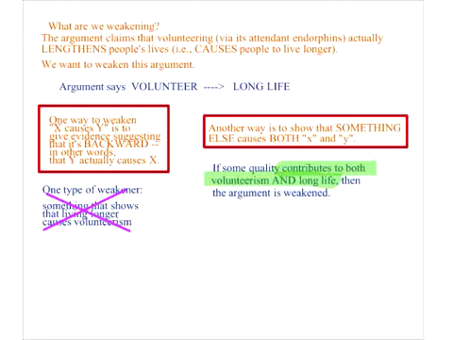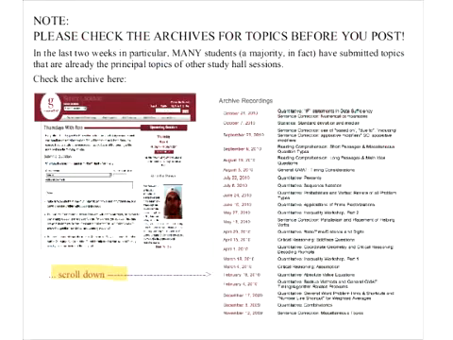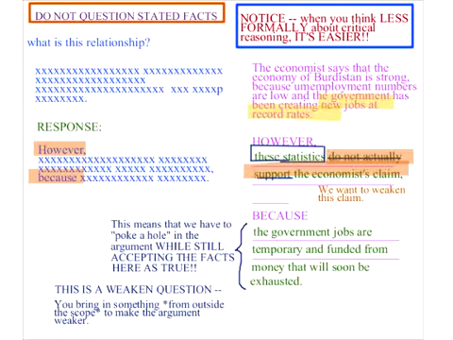Again, if you don't understand that, think about this example. Once you stop thinking like someone who has to memorize lots of rules, this will make a lot more sense. This is a totally new fact. This is not in the original passage about the economy, but it weakens the passage. And that's how passages are weakened.